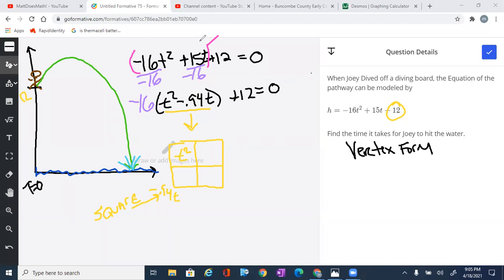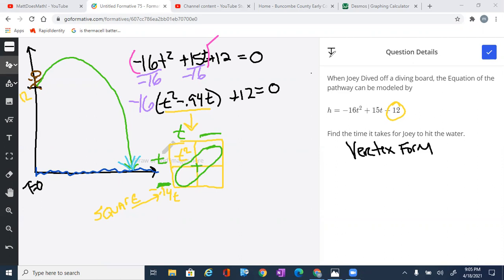Okay, and once I do that, I'm going to start filling in the sides. So this is t times t, which will give me t squared. And now it is a square, so this piece and this piece that I'm drawing lines for have to be the same. And remember, when we do this, the diagonals should add up to that negative 0.94.